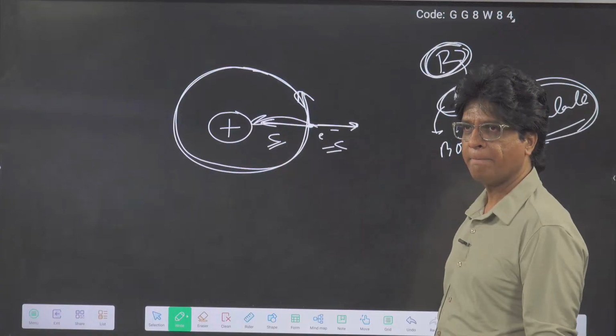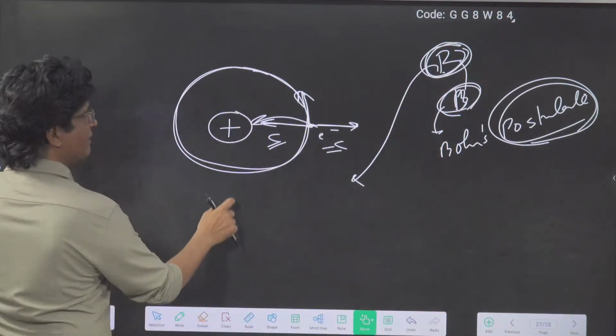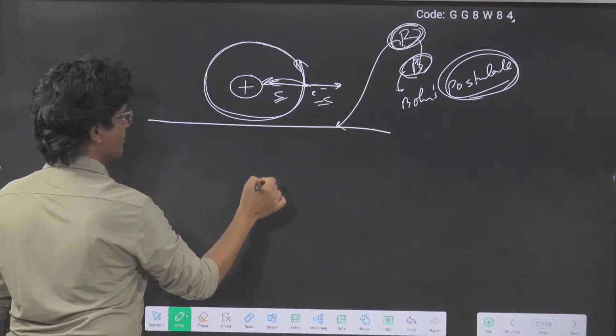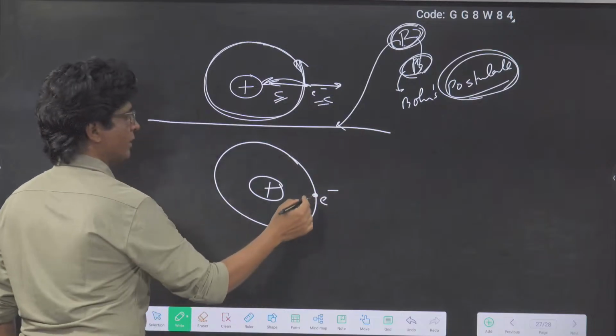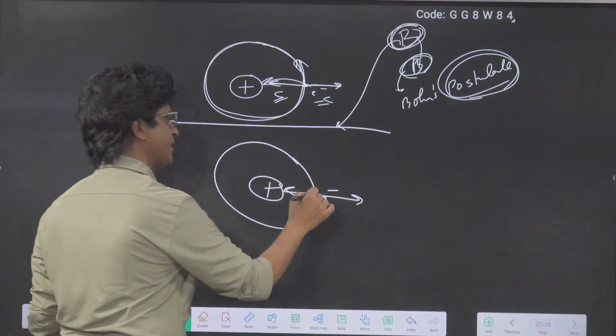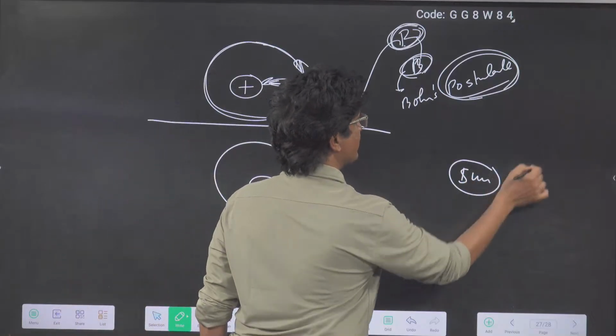So when Rutherford was giving a lecture to other scientists about his basic model, electron out here, the centrifugal force balancing the centripetal force, and as a result, just like this is the sun and this is the earth.